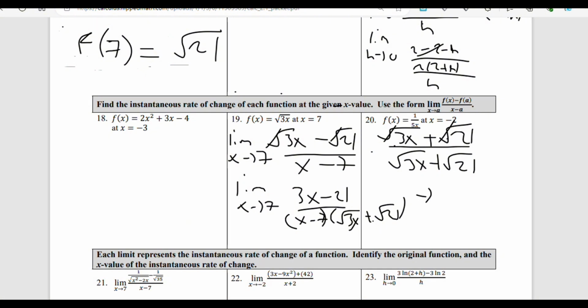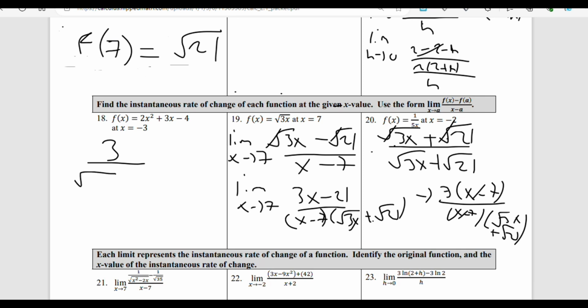Notice that this can be factored out. It's a 3, by the way. x minus 7 over square root of 3x plus square root of 21. So we get left with, I'm jumping around here, but you guys can write smarter than me, 3 over square root of 3x plus square root of 21. Okay.